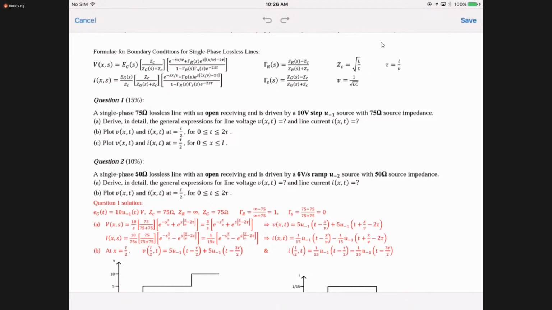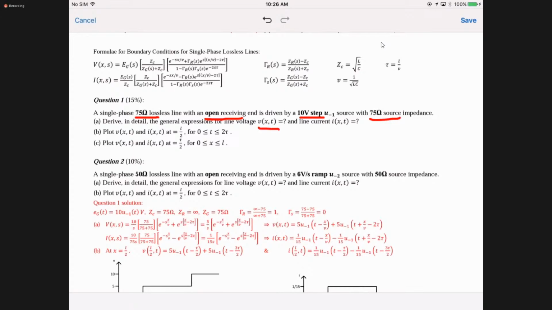So you have a 75 ohm lossless line open at the receiving end, and you have a step wave coming in, and the source impedance is 75 ohm.